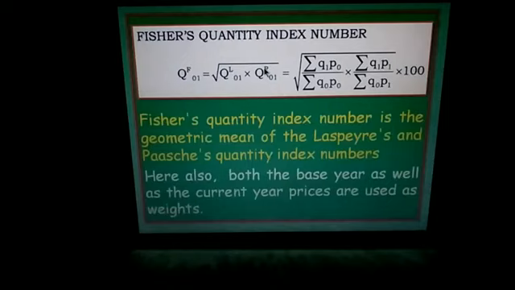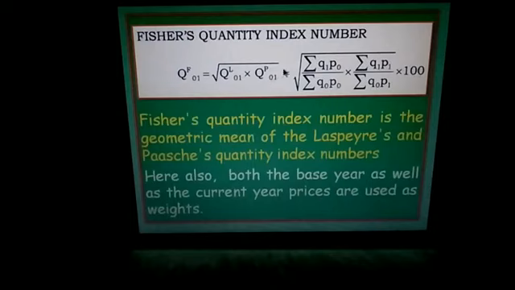As in the case of price index number, in the similar way this is the quantity index number. So this Q01L has been split and written in its expanded form or formula, and then Q01P also has been written in its expansion, multiplied by 100 as it is.